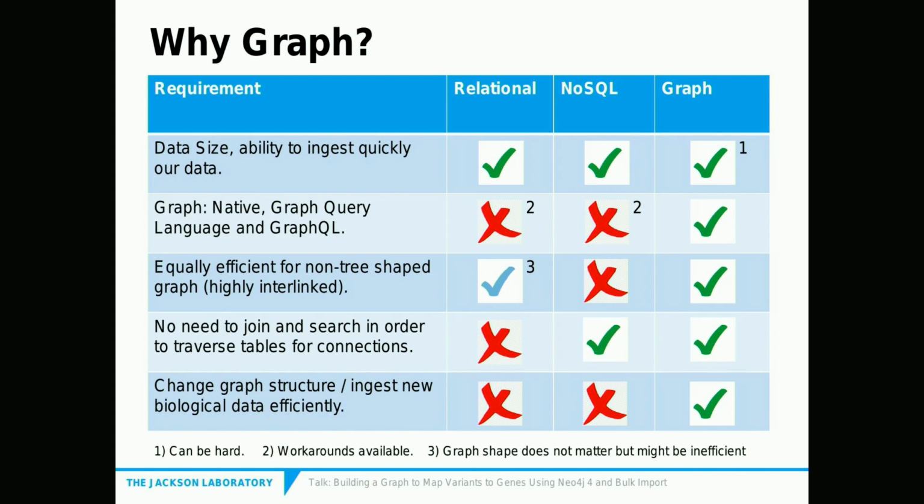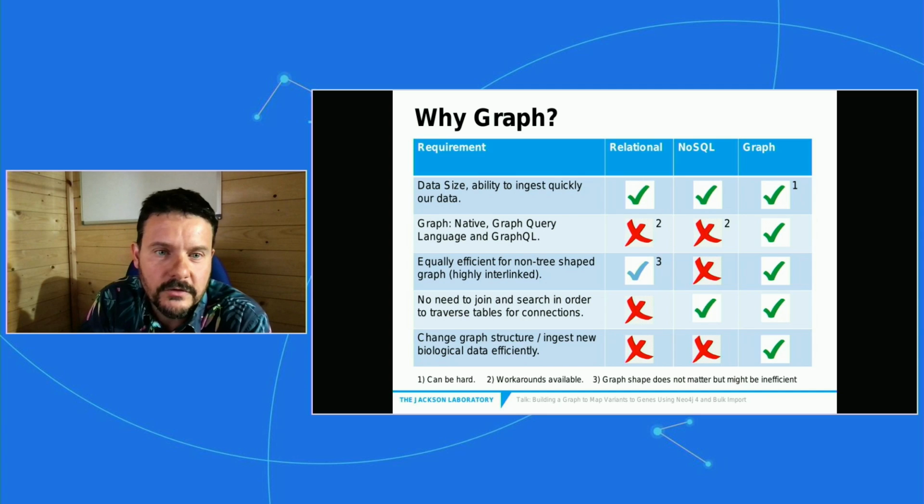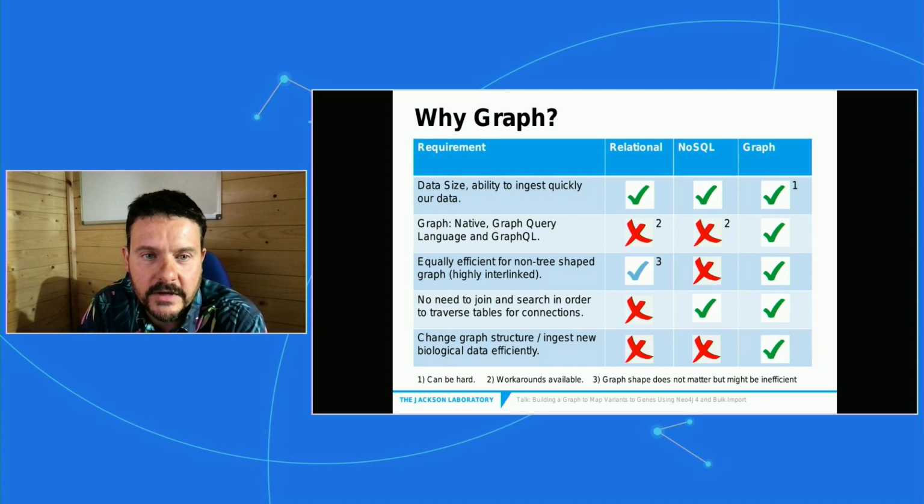So taking a step back from the problem, why would we look at graph, apart from the fact that the researchers draw graphs when they talk about this data? Obviously, we need to be able to ingest data of this size reasonably quickly. And that's fine. All of the technologies that you might compare to graph are going to be fine for that.